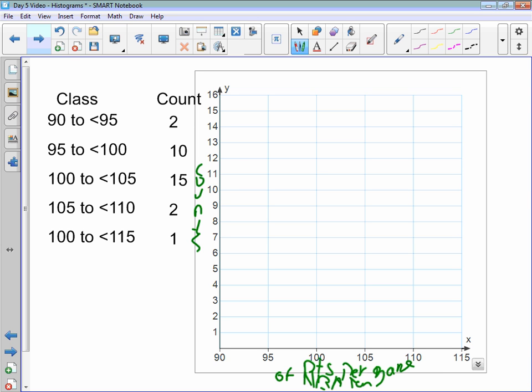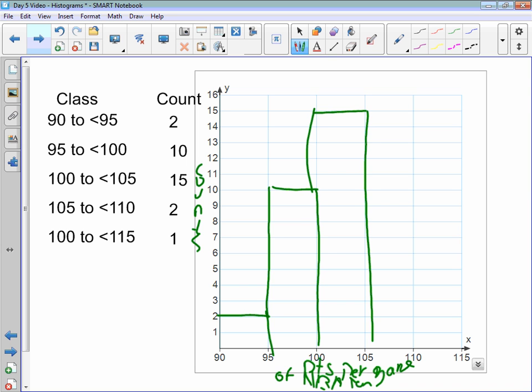And so we would just go 2, 10, 15, 2, and 1. And then, sorry, this not straight line is going to bug me.